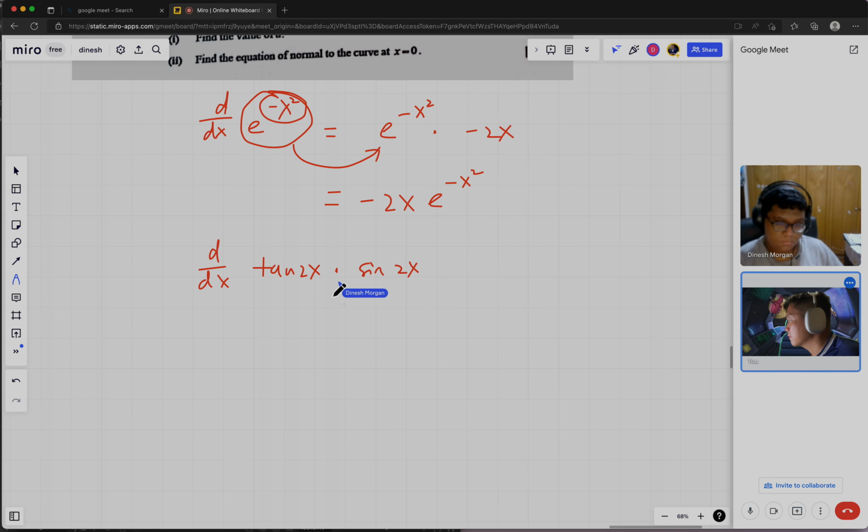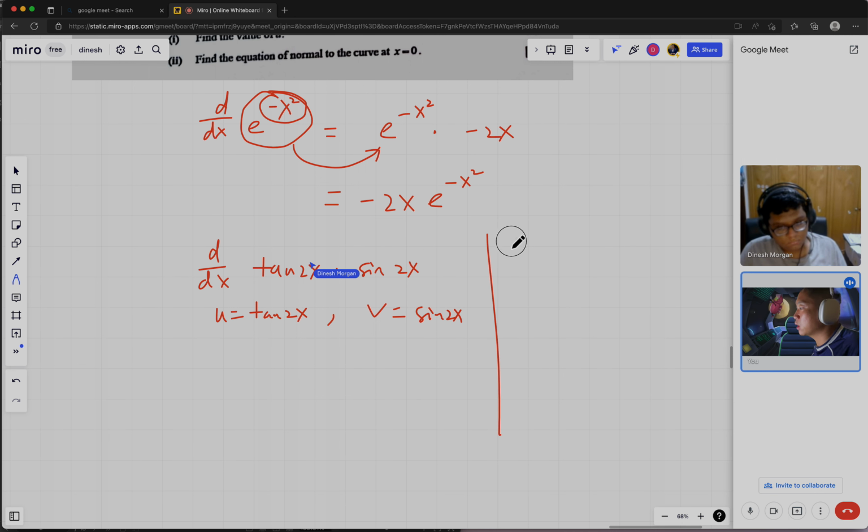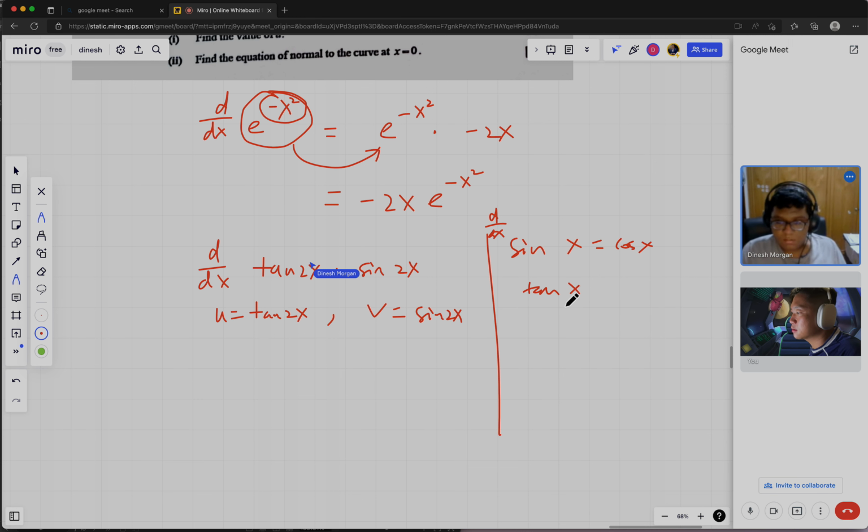So u equals tangent 2x, then v equals sine 2x. Of course the good habit is to write down the differentiation of sine. You don't have to write sine 2x, just sine x. It's cosine, right? And tangent x is?